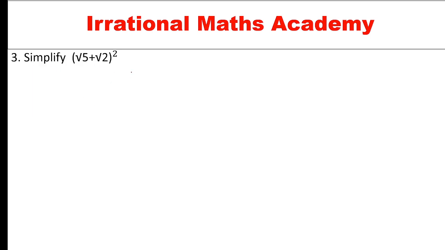Next, we have to simplify this one. Before simplifying, we have to remember this formula. What is that? (A plus B) whole square. The formula is A square plus 2AB plus B square. The same thing will apply here. (Root 5 plus root 2) whole square.